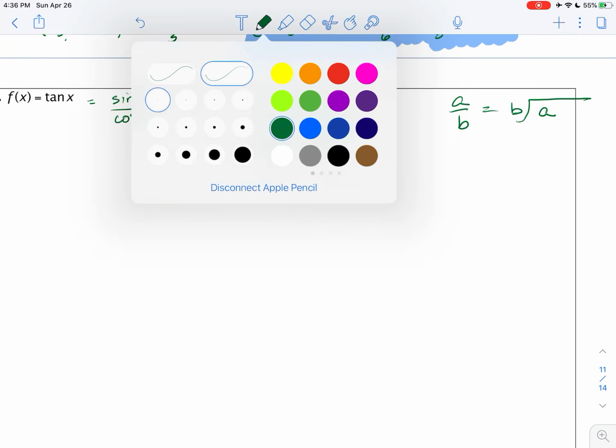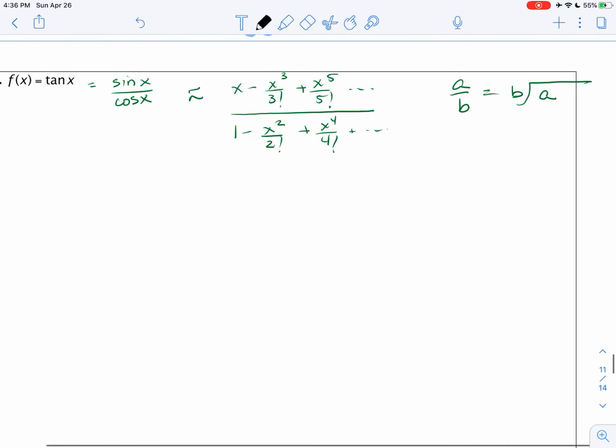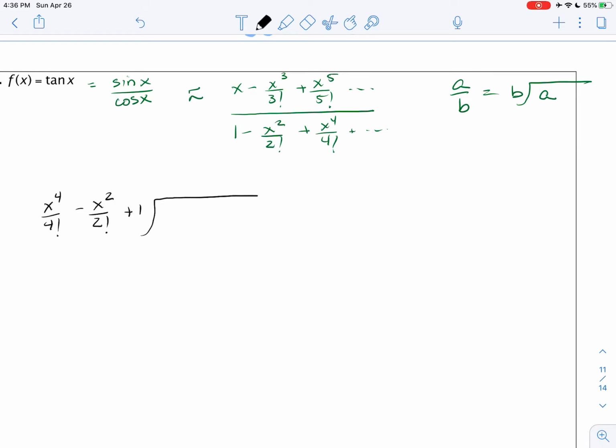So I'm going to write this as x to the fourth over 4 factorial, and that was plus, and this is minus x squared over 2 factorial plus 1. That's in descending powers.